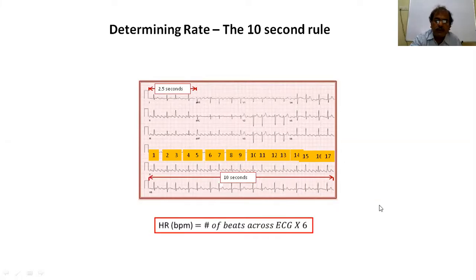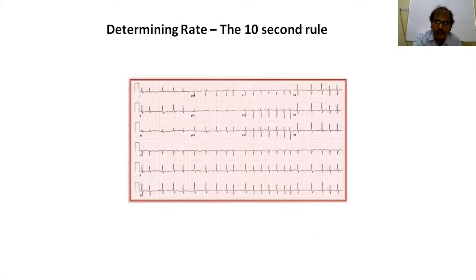So 17 into 6, how much is that? This comes out to be around 102 beats per minute. That means the rule of 300 and rule of 1500 cannot be applied to irregular heart rates, but this rule of 10 seconds can be applied for irregular heart rates.